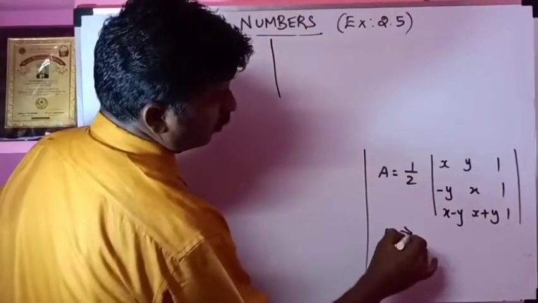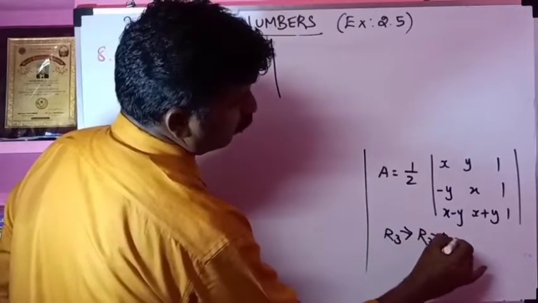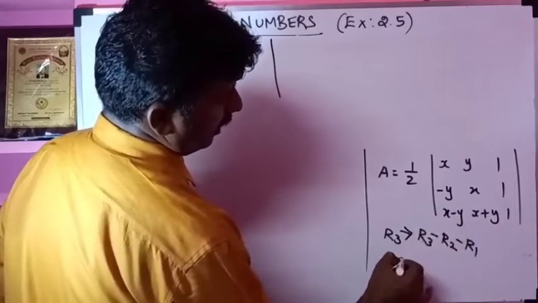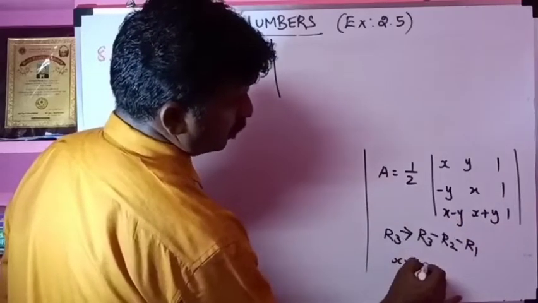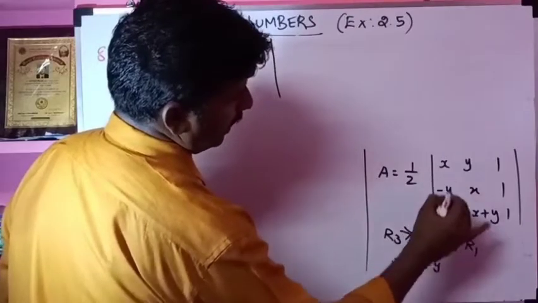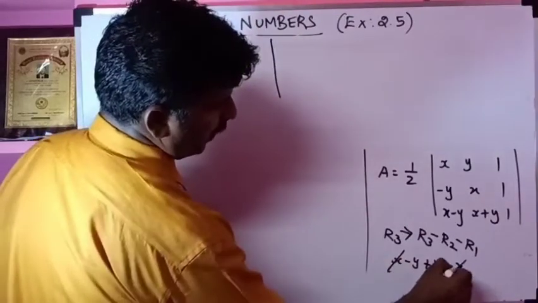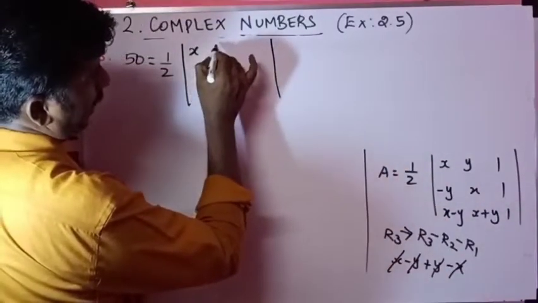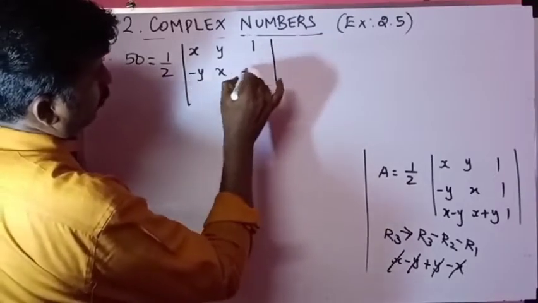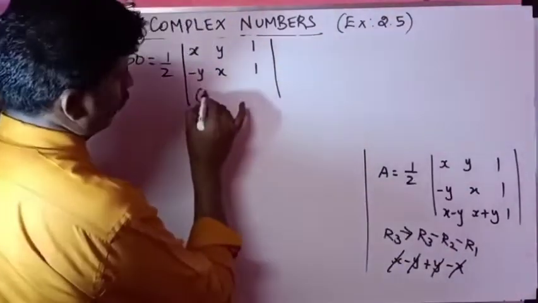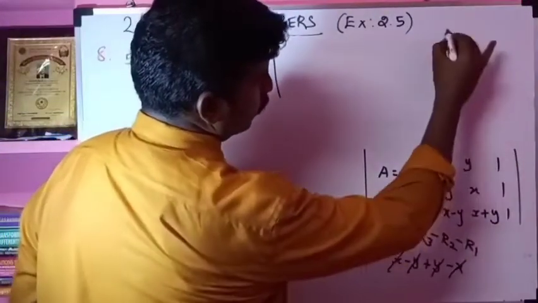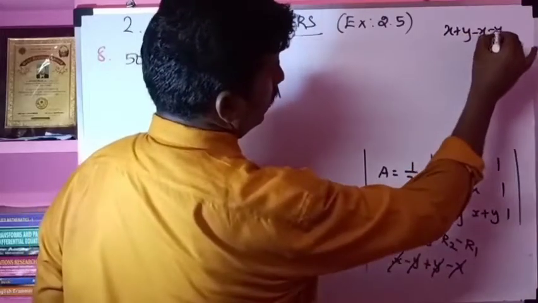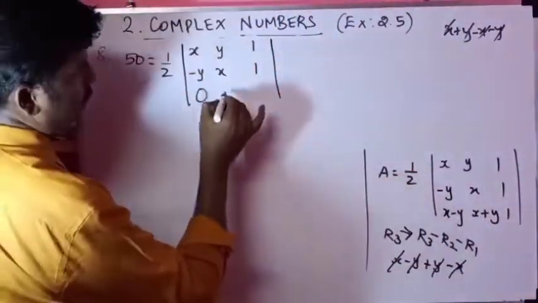R3 tends to R3 minus R2 minus R1 போடுறேன், right? 0 ஆக பிளான் பண்றாங்க. இப்ப பாருங்க, x minus y minus minus y minus x becomes x minus y plus y minus x, so this place becomes 0. Then x plus y minus x minus y cancels, so it is 0.